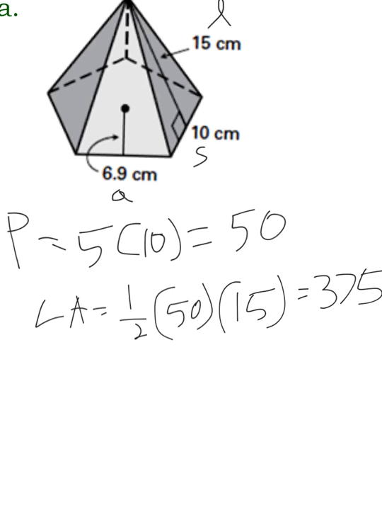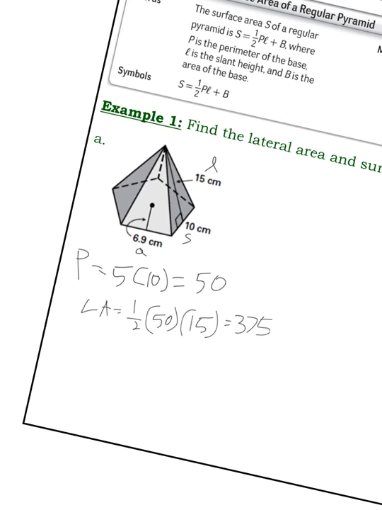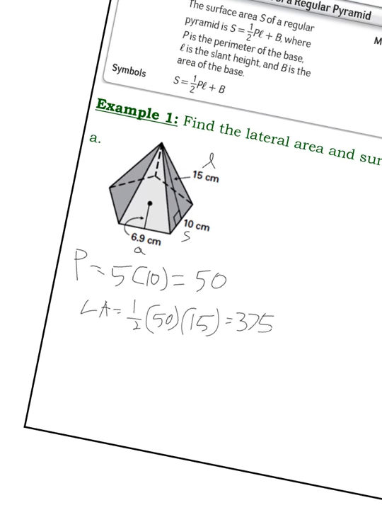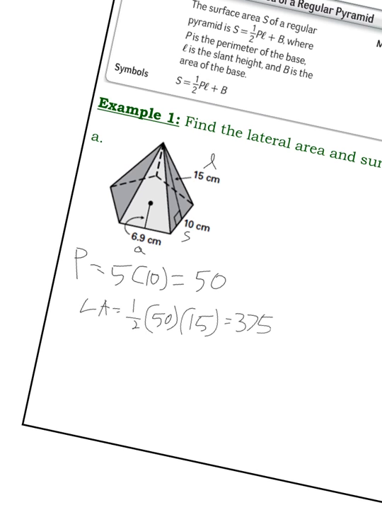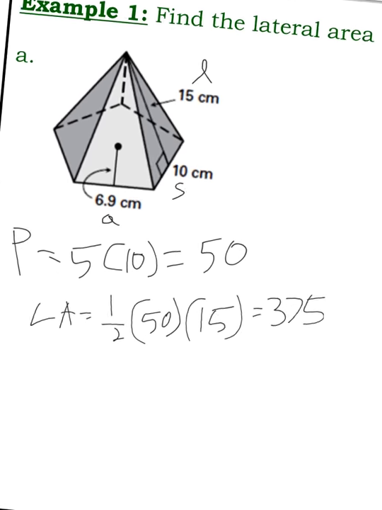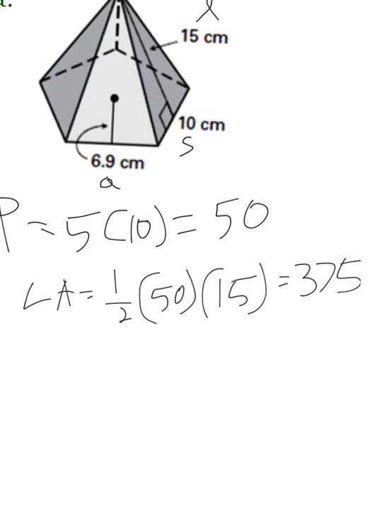The next step would be to figure out the area of my base. Once I figure out the area of the base, you are going to add that to your lateral area. So I'm just going to write big B. And if you don't remember the formula for a regular polygon, it's going to be 1/2 times A times P. So 1/2 times the apothem of 6.9 times your perimeter, which you figured out was 50 earlier.